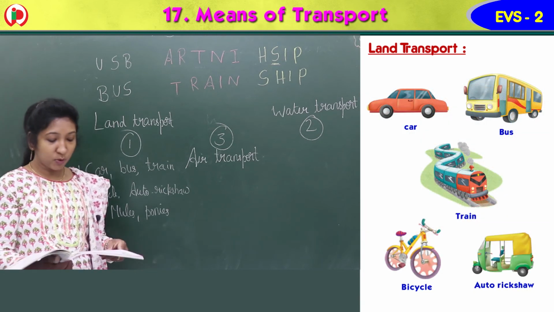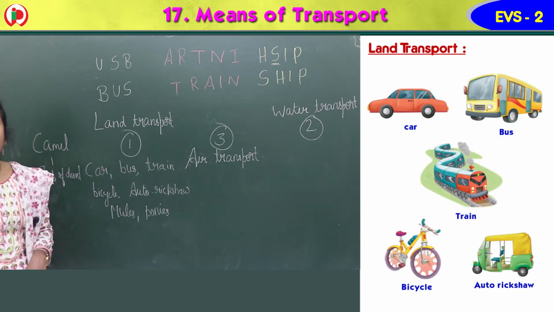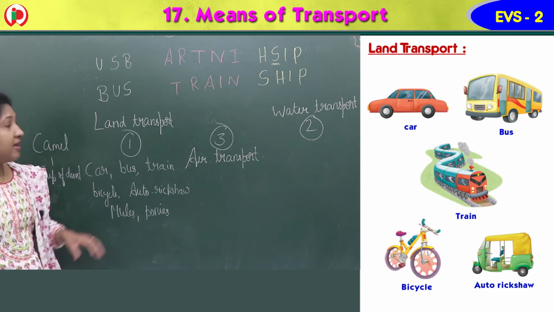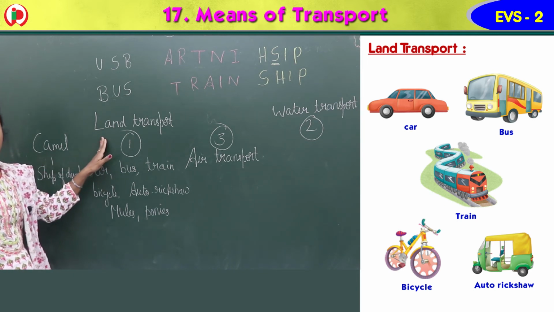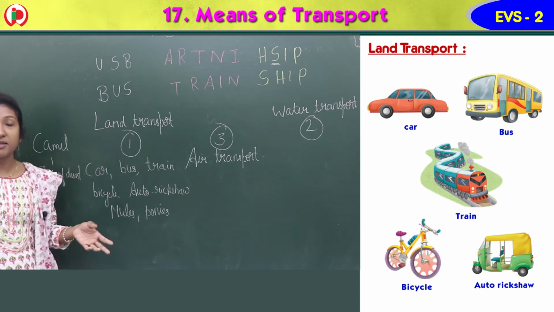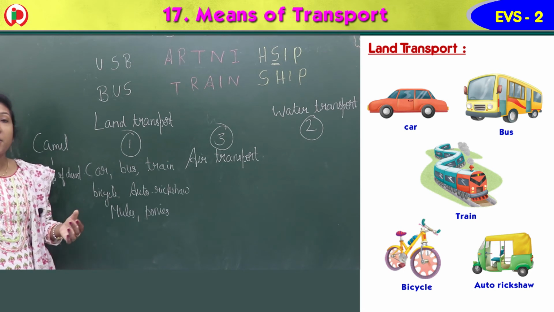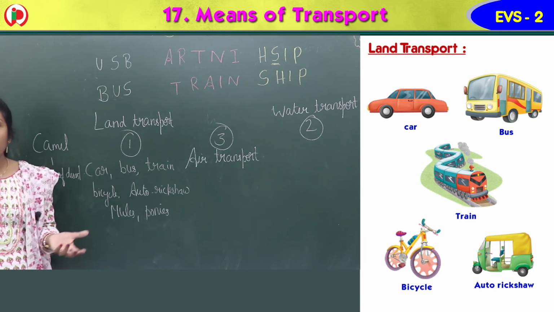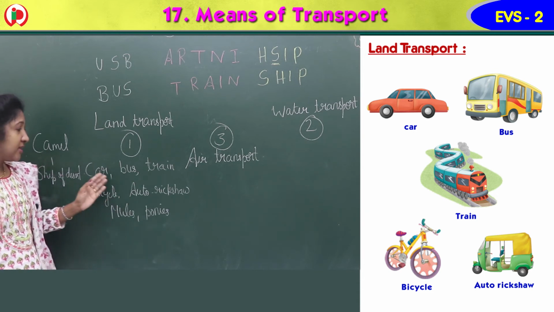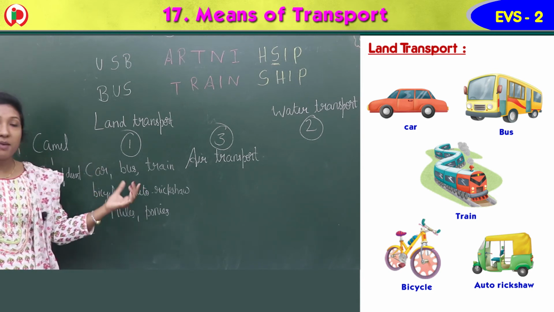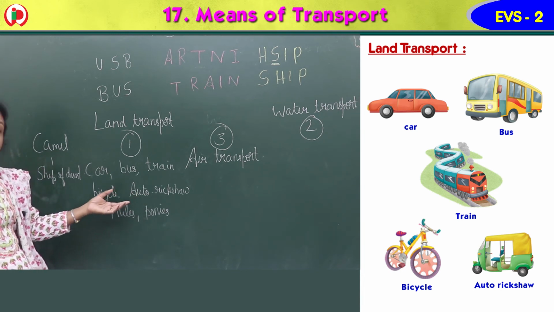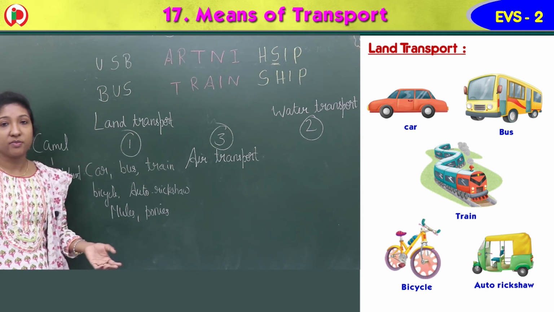So land transport, the transport which runs on land or the vehicles that move on road, they are called land transport. And on the road itself, there are vehicles that move fast like car, train. But there are vehicles that move very slow also like bicycle, rickshaw and all. So car, bus, train, bicycle, auto, rickshaw, they are all examples of land transport.